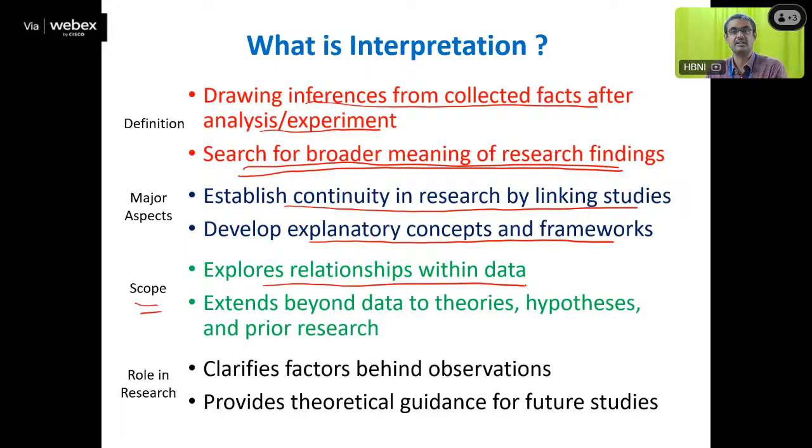Explore relationships within data. Okay, so we have collected a lot of data. Say, for example, as we discussed during our initial days, somebody who is doing research on materials for some property evaluation, say it can be electrical property, magnetic property, or catalytic property.